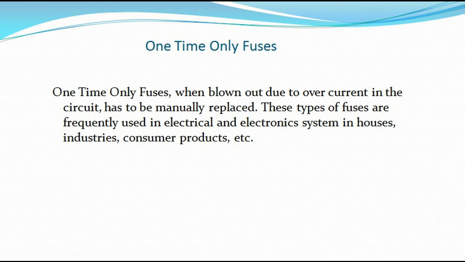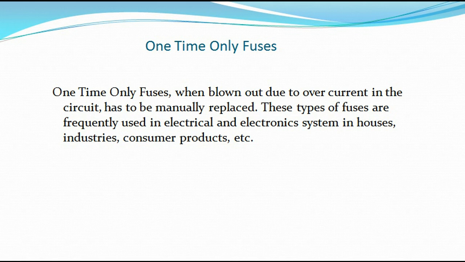One-time only fuse, when blown out due to overcurrent in the circuit, has to be manually replaced. What I'm trying to explain here is, a one-time only fuse blows due to overcurrent in the circuit.